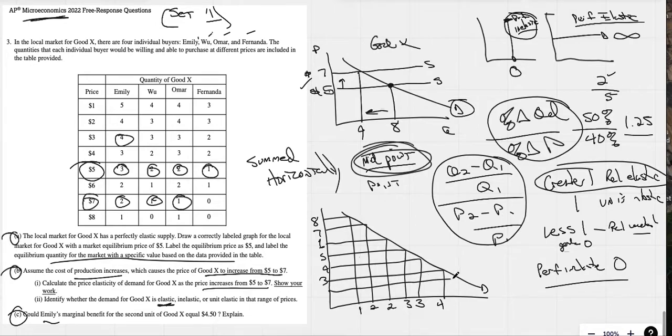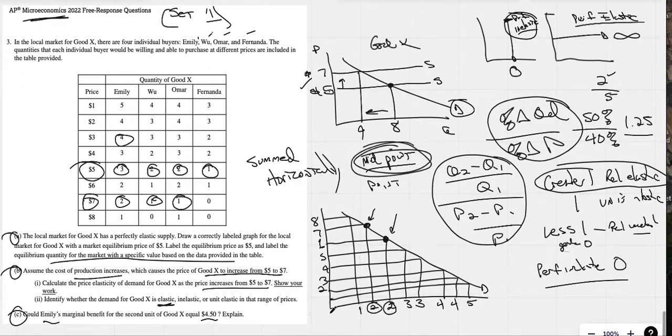At 2, it was 4 again. And then at 1, it was 5 units. So what we recognize here is, could her marginal benefit for the second unit have been 450? We can see that the marginal benefit for the second unit is either 7 or 6, or somewhere in between there.